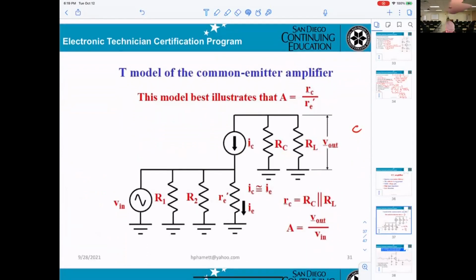Okay, so that will be also, okay, that's what I just gave you, the common emitter.